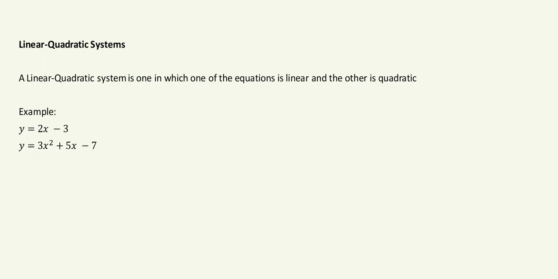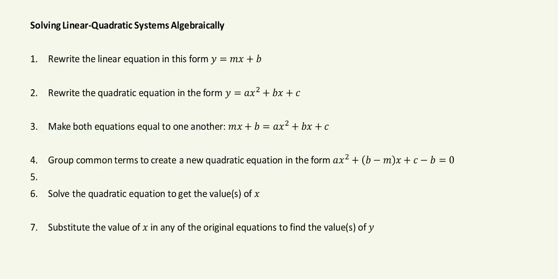An example here, we can see this is a linear equation right here, y equal to 2x minus 3, and we have a quadratic, y equal to 3x squared plus 5x minus 7. Now here's how we're going to go about solving these linear quadratic systems.